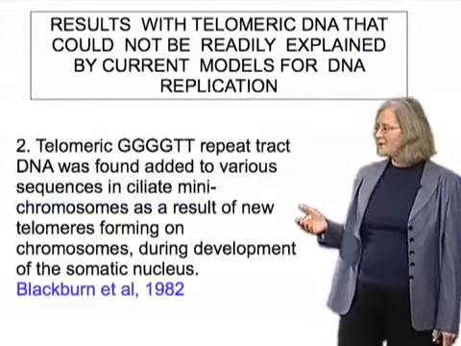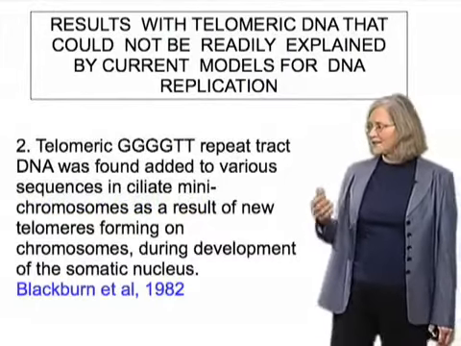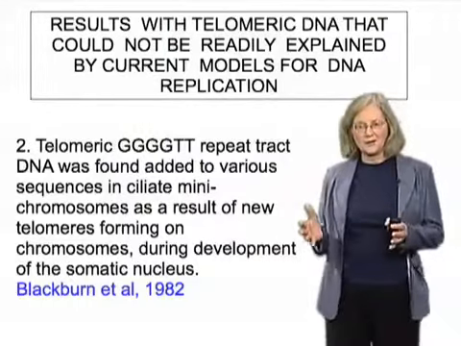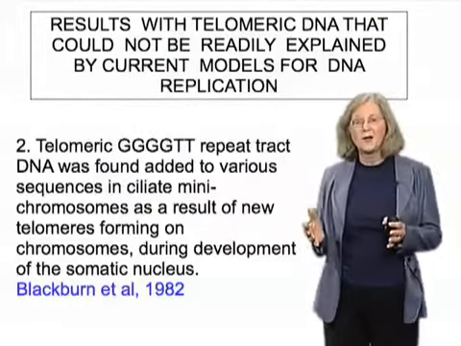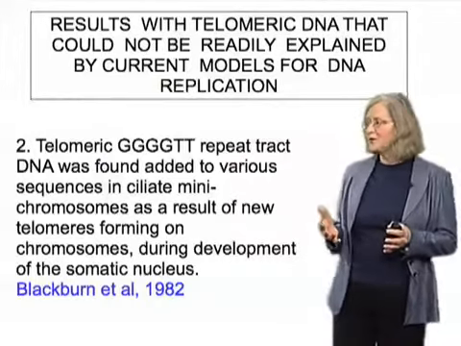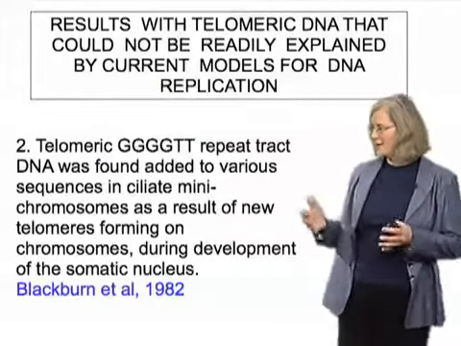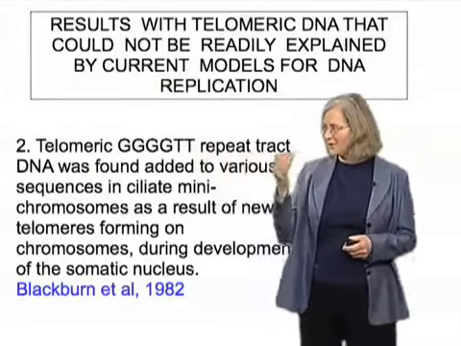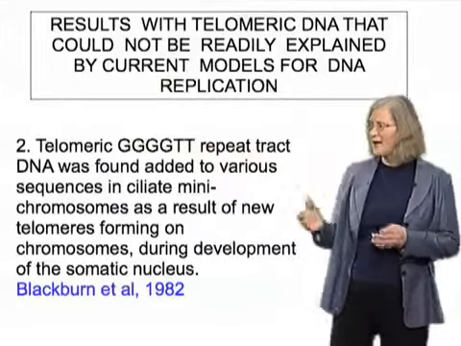Now, a second kind of observation was a somewhat more complicated one, and I have to take a moment to tell you about the life cycle of a particular group of ciliated protozoans, the species Tetrahymena, in which these G4T2 repeat tracts were found to be the telomeric tracts.